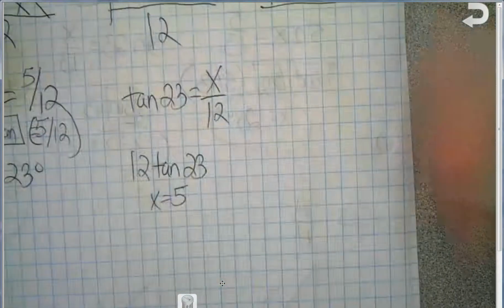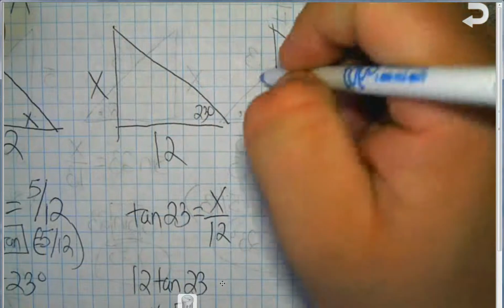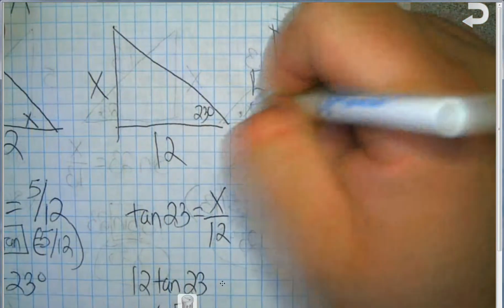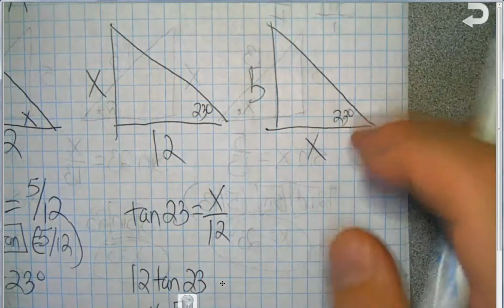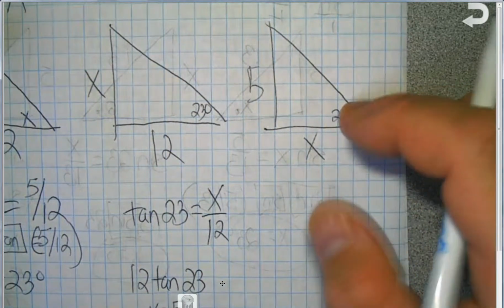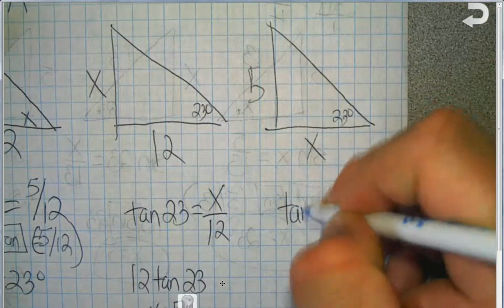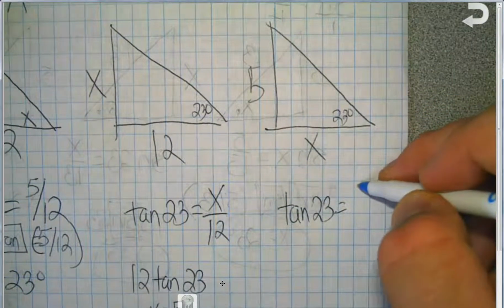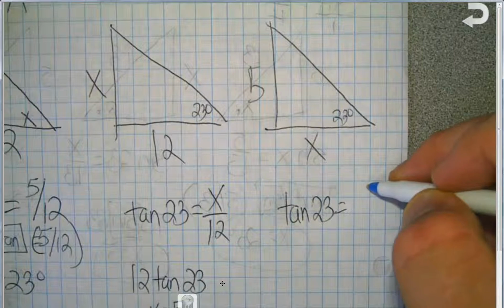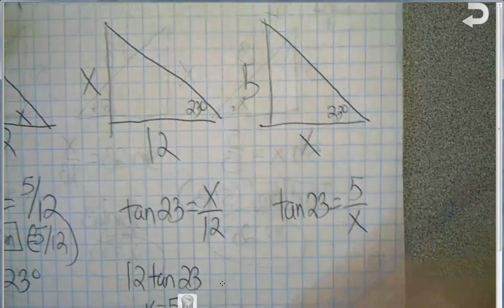All right, last example with tangent. We have 23, we have 5 over here, and the x down here. This is the hardest of the three right here. Josie, set it up for me. Tangent of 23 equals 5 over x. All right.